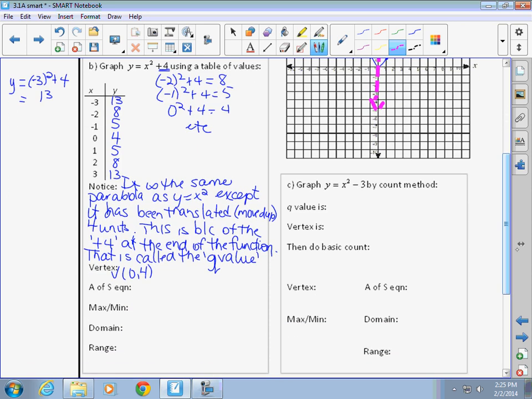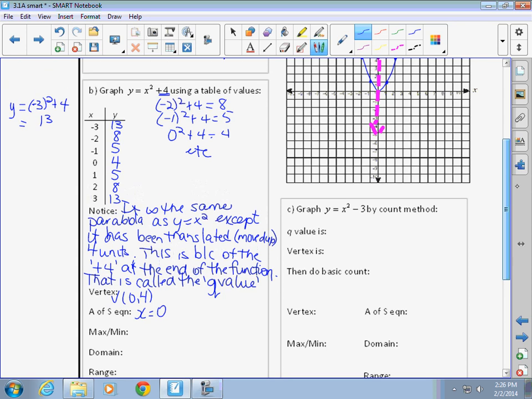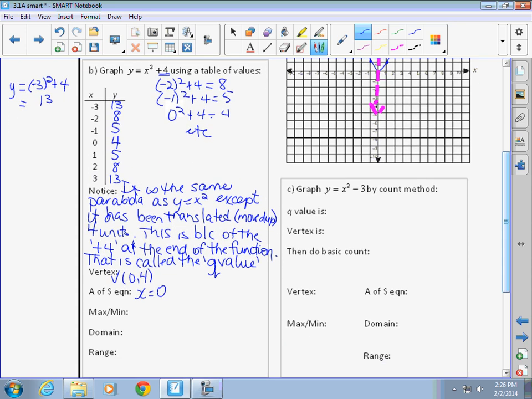Sorry, not y is equal to 0, x is equal to 0. If it was a horizontal line, it would be y is equal to 0. My maximum or minimum, well, I have a minimum because my graph is going upwards. So the minimum is at y is equal to 4.